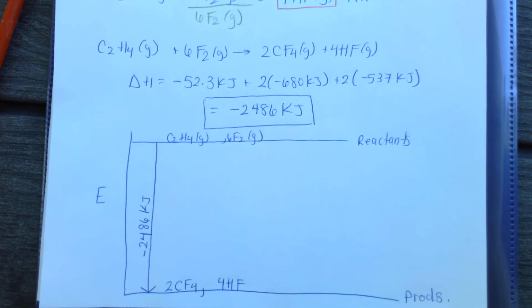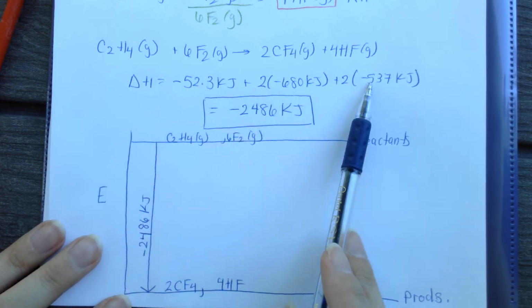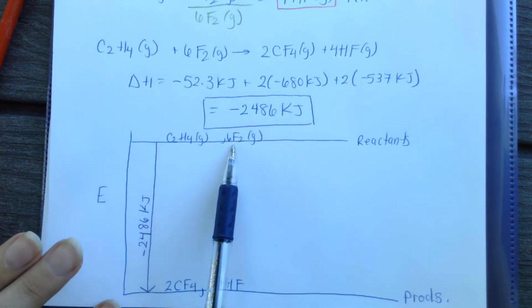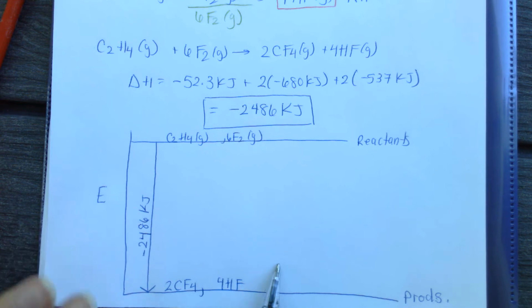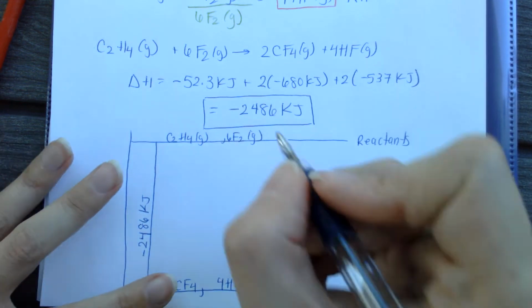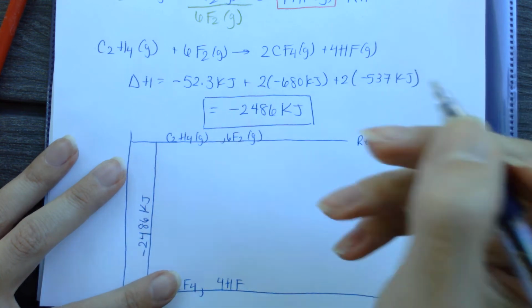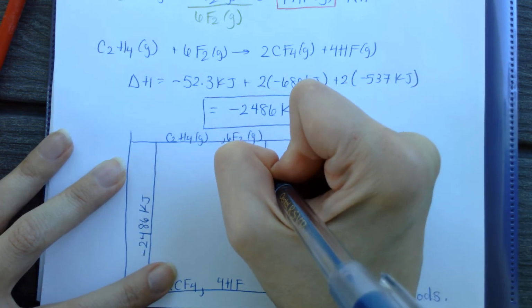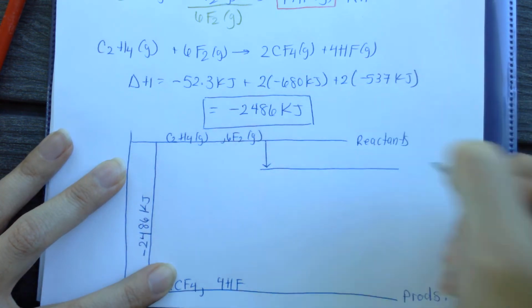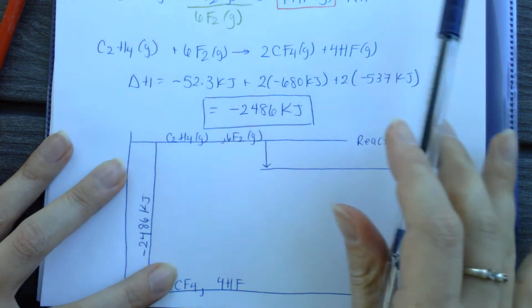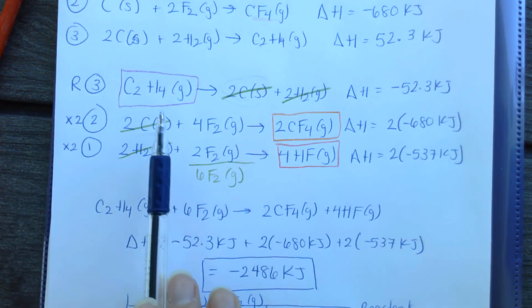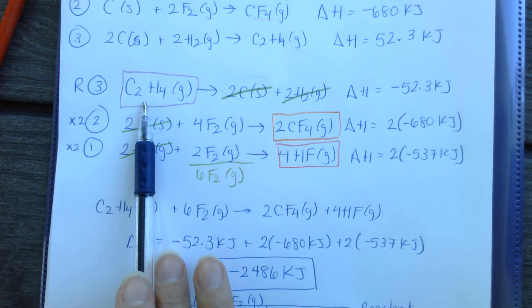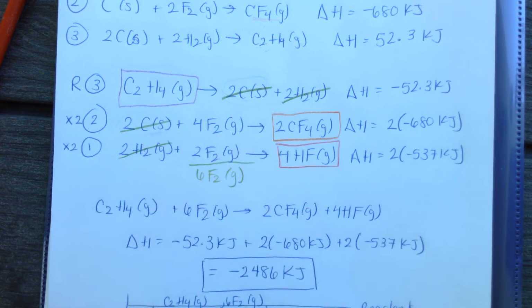Okay, so if we look at the pieces that we have here, we could look at this as a stepwise type of thing to get from here to here. So you can think about what happened with reaction 3. In reaction 3, if we go up there and look, it looks like this was busted up into its elements.